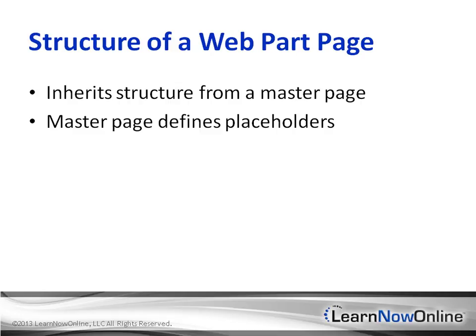Typically, the master page is going to have a top navigation area, and then a left-hand nav, which is where the quick launch is. SharePoint also adds several other things to the different master pages, like the logo and that type of thing. And then there's one placeholder in the middle that's where we put our content. Inside that main placeholder is where we actually put the content for our pages.